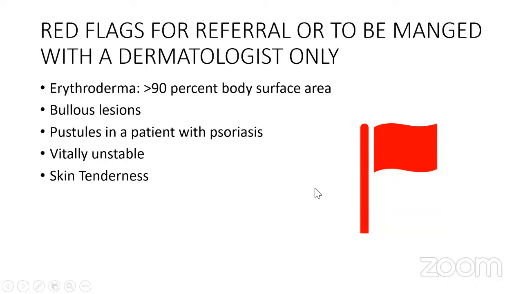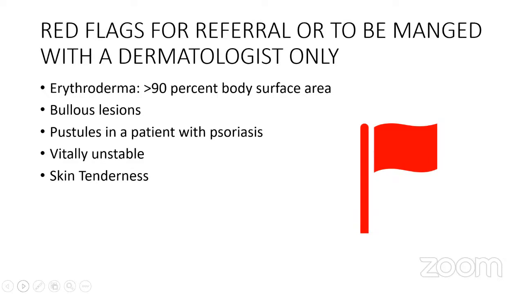Next are red flags for referral to a dermatologist. One is erythroderma, more than 90% body surface area. This body surface area is calculated based on the rule of nines, as we do in burns patients. Any patient having erythroderma more than 90% needs a referral.